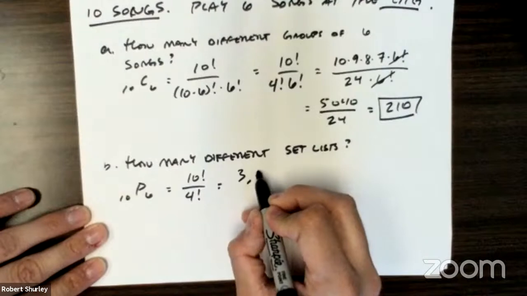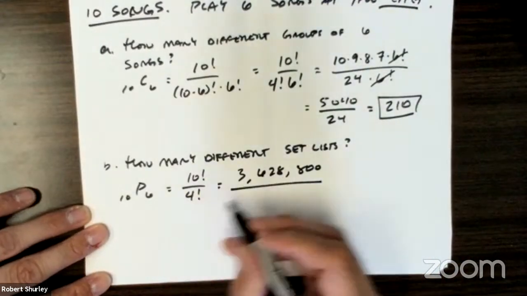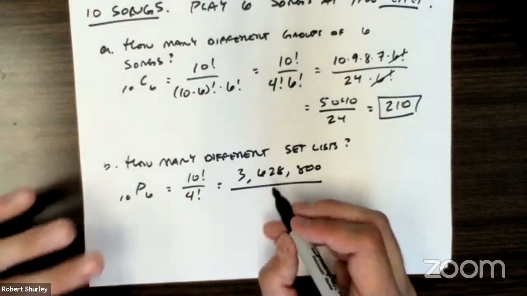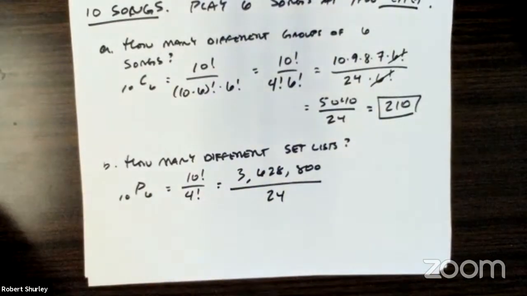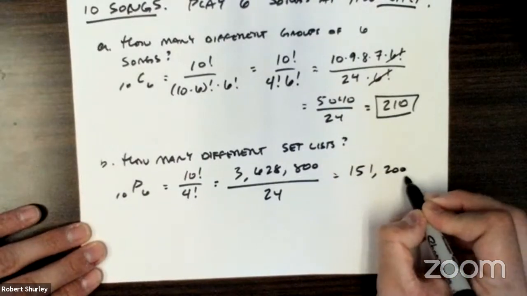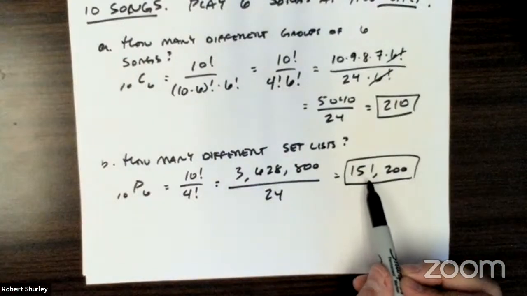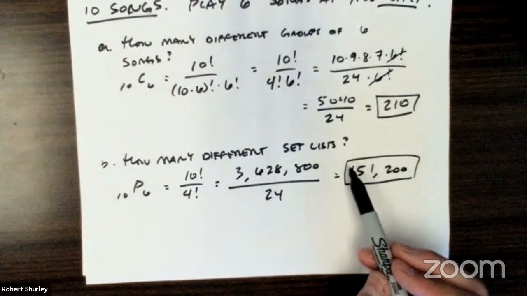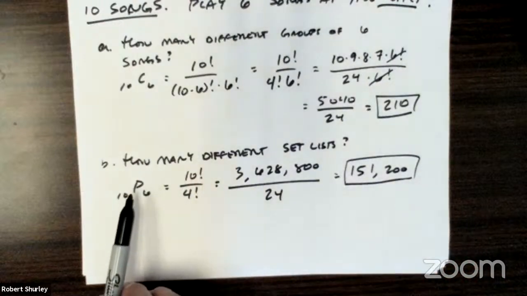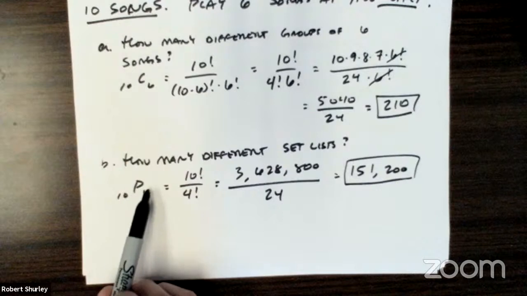That's 3,628,800. I'm going to divide that by 4 factorial, which is 4 times 3 times 2, that's 24. So that's 151,200. Holy cow, look how different that is. There's 151,200 different set lists we could make if we knew 10 songs but had to choose 6 to play.